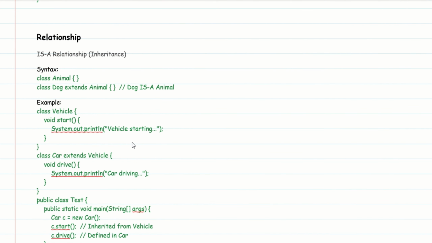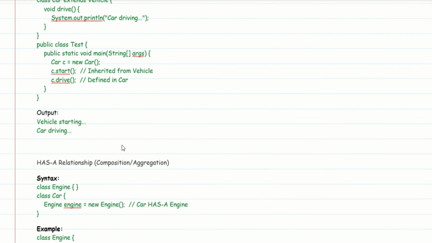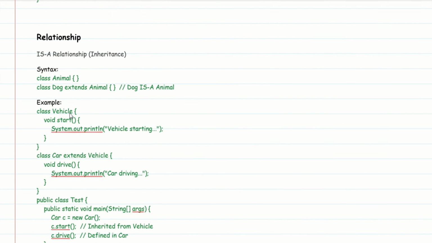At last, there is a concept called relationships. We have the is-a relationship and the has-a relationship. The is-a relationship represents inheritance, when one class extends another, and it is used to express that the subclass is a type of its superclass. That is the syntax.